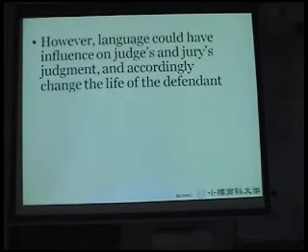As I said, language could have some influence on a judge's or jury's judgment or decision, and accordingly change the life of the defendant. If an innocent person is found guilty, his life is going to be totally changed, and vice versa. If a guilty person is found innocent, his life is going to be totally different. So legal judgment or decision is really important, as you know, and language could affect the outcome.